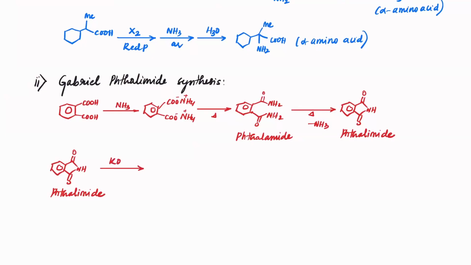We react this with KOH to make it into N minus. N minus is a good nucleophile. So if we react it with some chlorine-substituted C double bond O ester, with OR here, it could be any ester, this N minus would attack this carbon and remove the chlorine via SN2 mechanism.